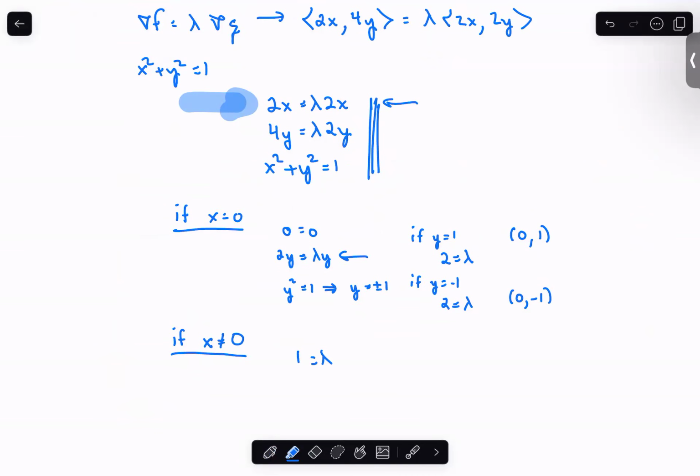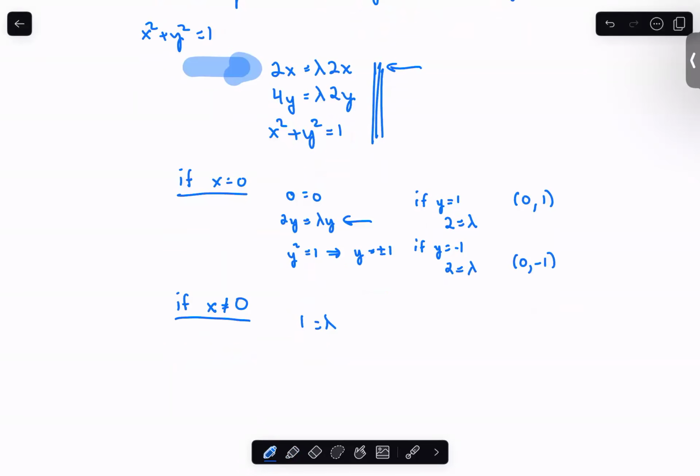And so on the left-hand side, I have 1 left, and on the right-hand side, I have lambda left. So now my second equation would say that 4y is equal to 2y. And my third equation would say x squared plus y squared is equal to 1.